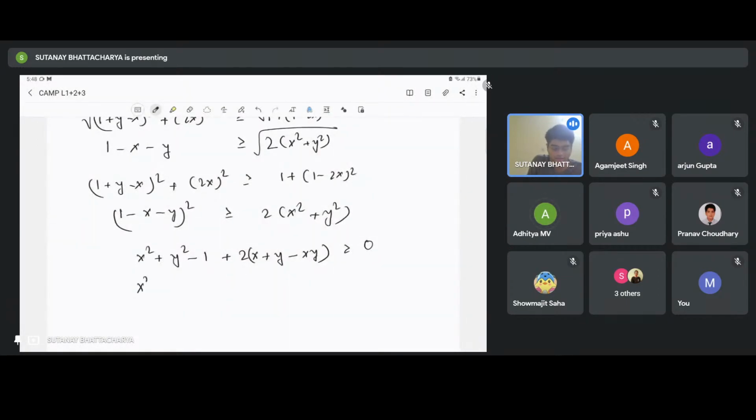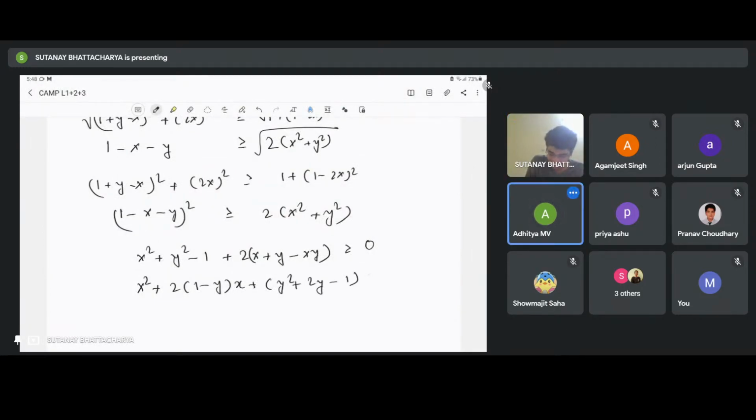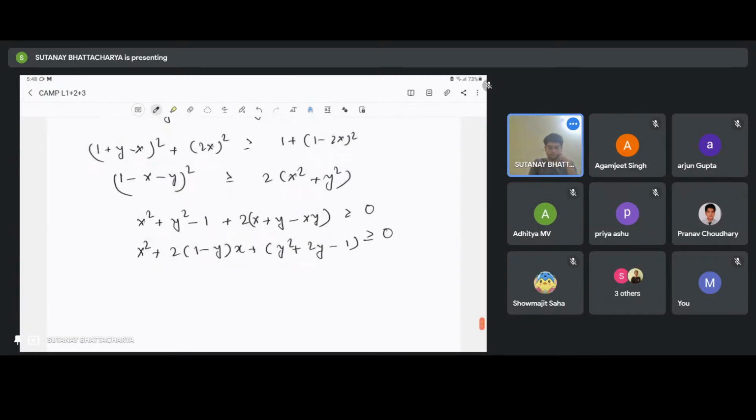So I'm just going to rewrite this as a quadratic in x. It's a perfect square. No, it's not a perfect square, but almost. So this is greater than or equal to x. What about the second one? So it's x square plus twice x minus 2y plus y square plus 2y minus 1 less than or equal to 0.